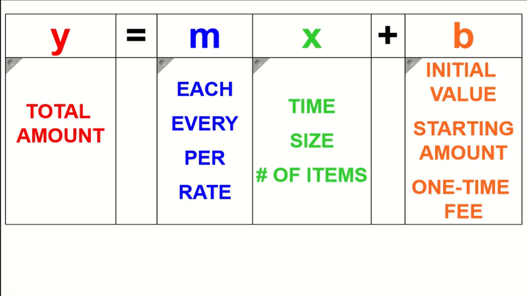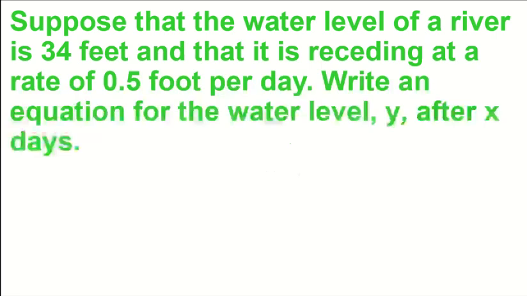Could be days, weeks, hours, things like that. Size, and by size that means inches, feet, or it could be pounds, that sort of stuff, or just the number of items. Everybody at least follow a little bit so far? So these are words you look for. When you see any of these words, that's kind of what that means for you.